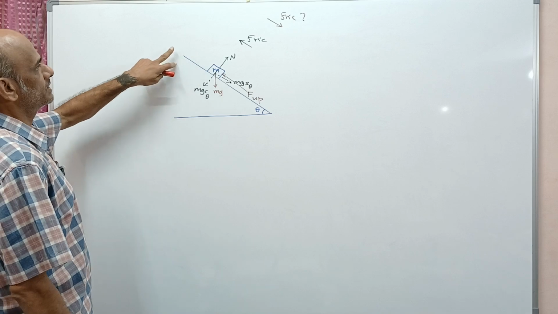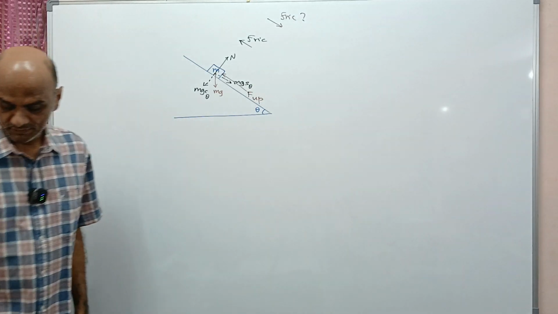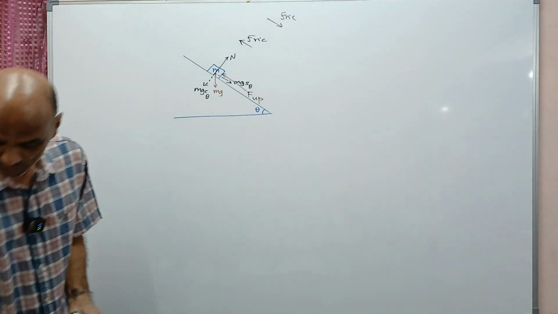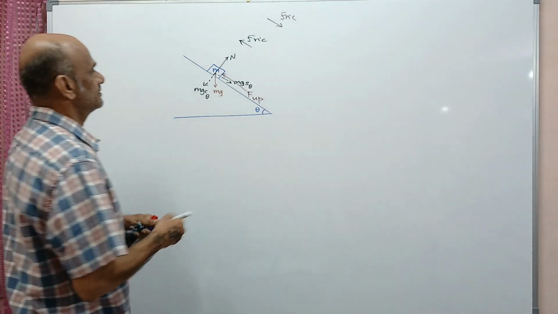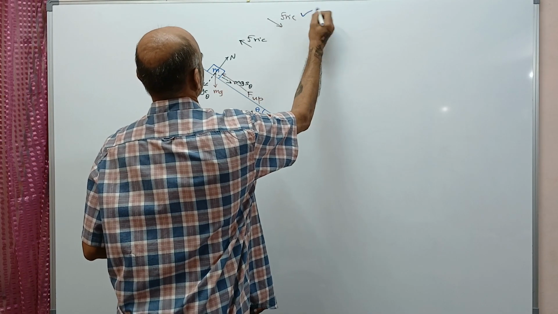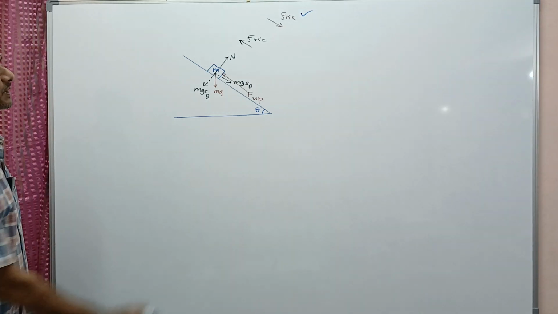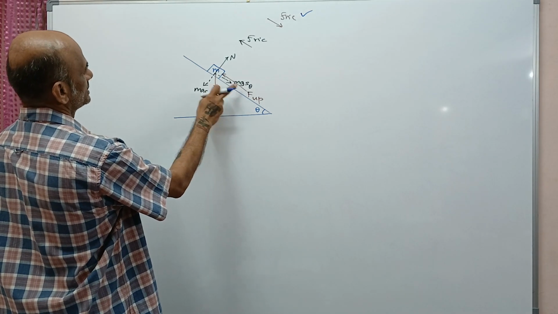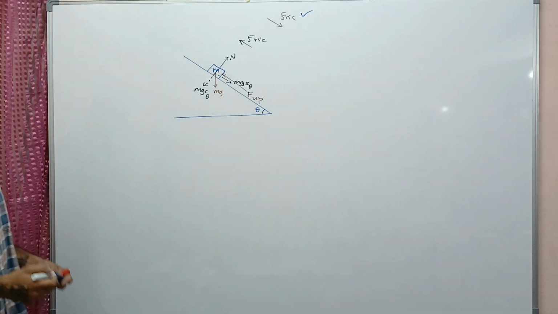The block will try to move up, then the friction force will try to act downwards. So this is possible if there is an external force acting on the block in the upward direction, and it should be of sufficient magnitude. It should overcome this mg sine theta, and the net force should be acting upwards.